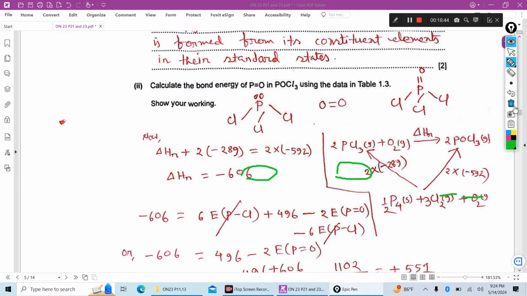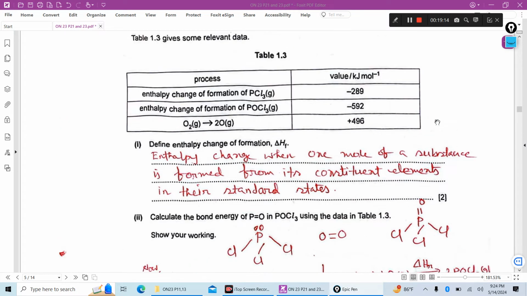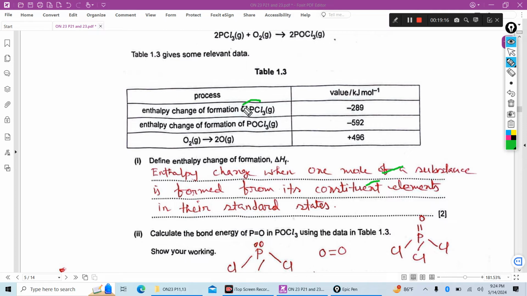Then you see from left to above, this enthalpy change will be for 1 mole of PCl3 produced from phosphorus and chlorine elements, and oxygen is here, so I write oxygen here. And from this to this the enthalpy change will be what? 2 moles, 2 times the enthalpy of formation of PCl3. So 2 times negative 289. This value is also given here. Enthalpy of formation of PCl3 is negative 289.